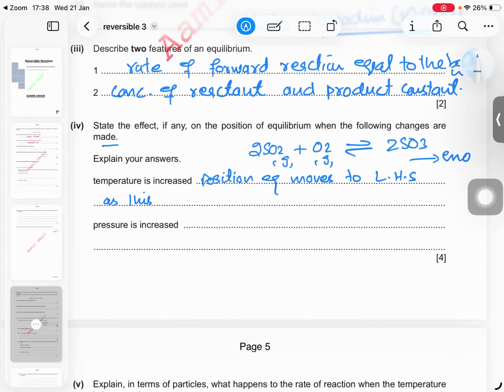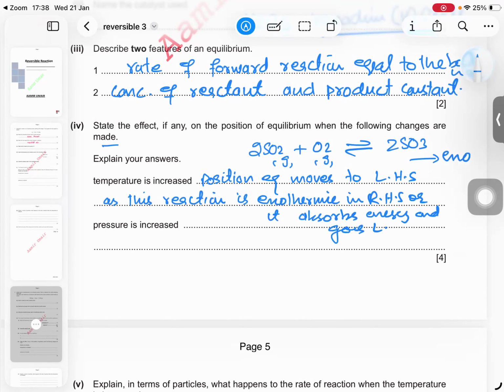As this reaction is exothermic in the forward direction, or you can say it absorbs energy and goes backward, to the left hand side.